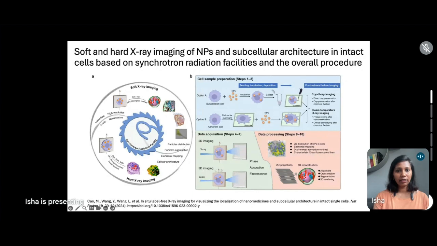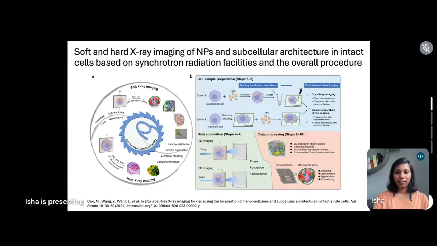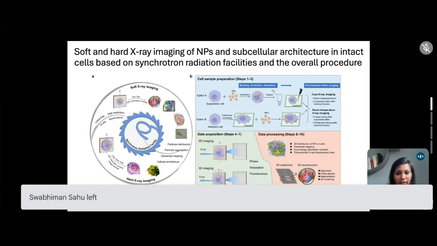And you do soft X-ray imaging to see the distribution of the particles, and in contrast, at what level they are accumulating the most. You might have thought that the nanoparticle will target certain things, but maybe that's not true, and the way it interacts with different cellular organelles is different. So through soft and hard X-ray imaging you can decide how that is working.